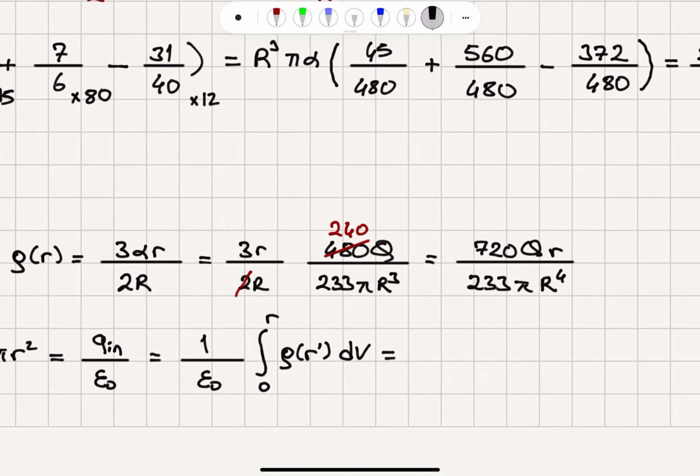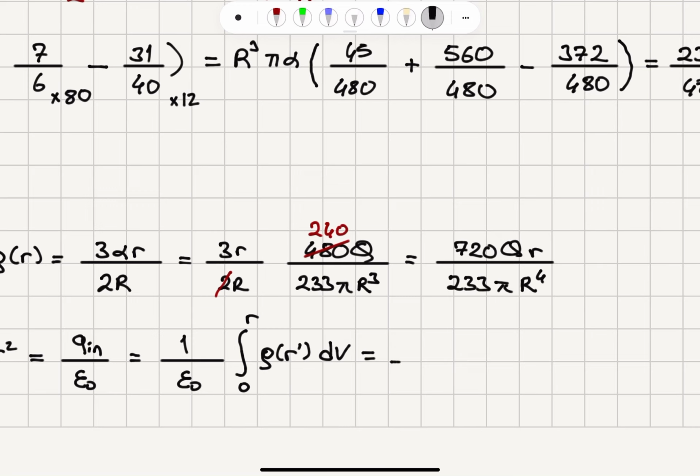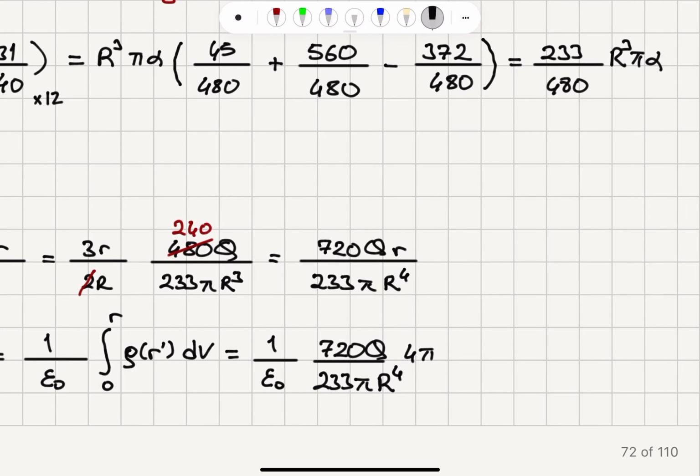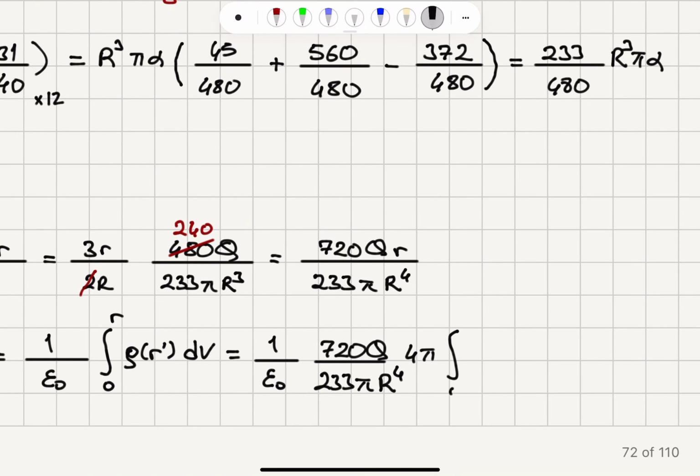So this is equal to 1 over epsilon 0, and for the charge distribution, we have 720 capital Q divided by 33 pi capital R to the fourth power. And for dV, we have 4 pi r prime squared dr prime. Now we have to integrate from 0 to r.